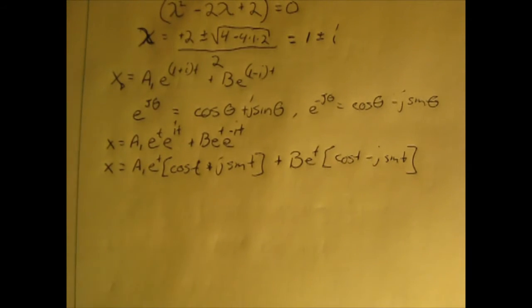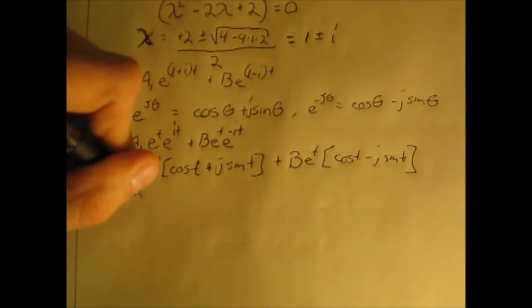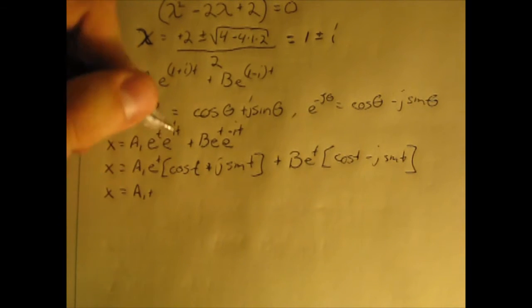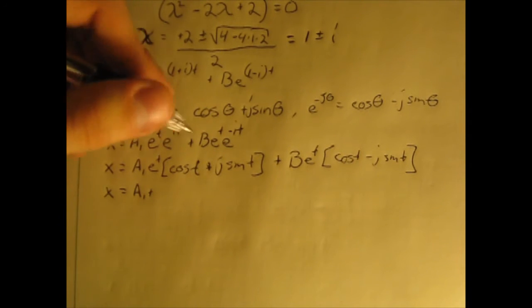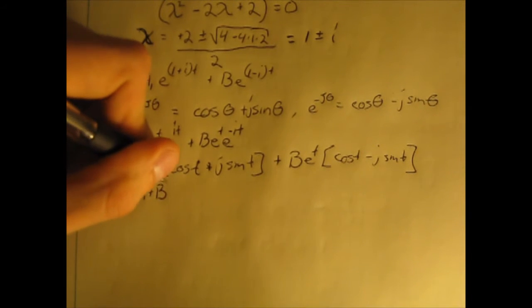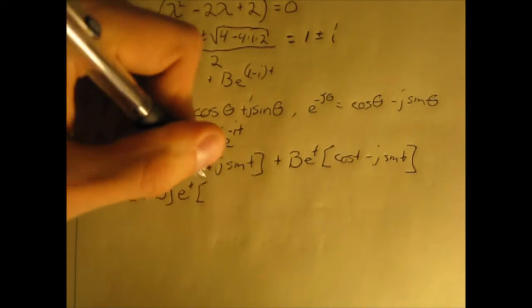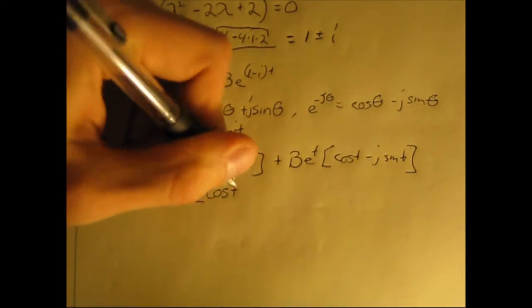Now, next step, we want to combine the cosine terms, and then we want to combine the sine terms as well. So we can write that this is equal to a1 plus b times e to the t times cosine t.